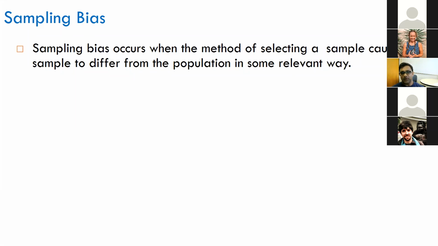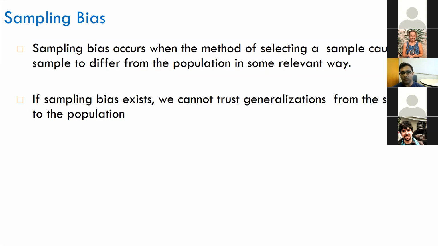So what happens if your sample is biased? If your sample is biased, the decision that you made, you cannot generalize it. You cannot make the decision about your population. So when the sampling bias exists, you cannot trust your decision.